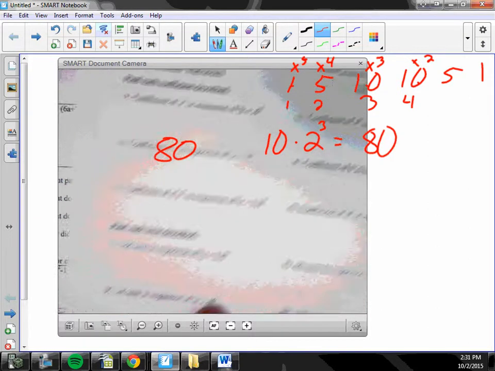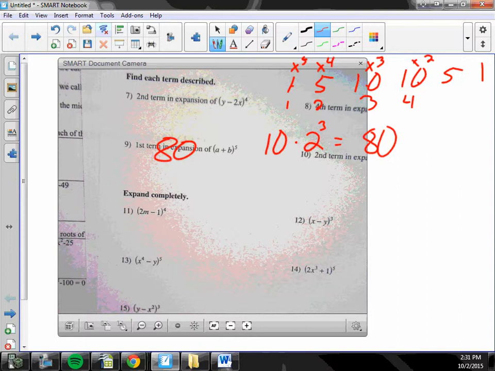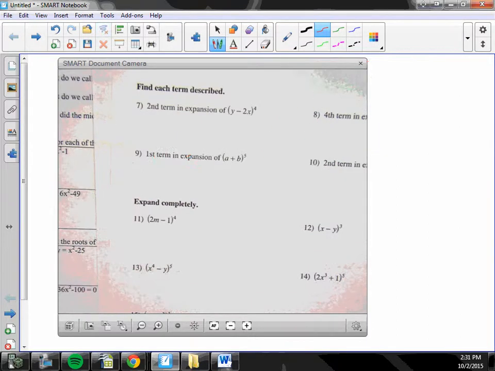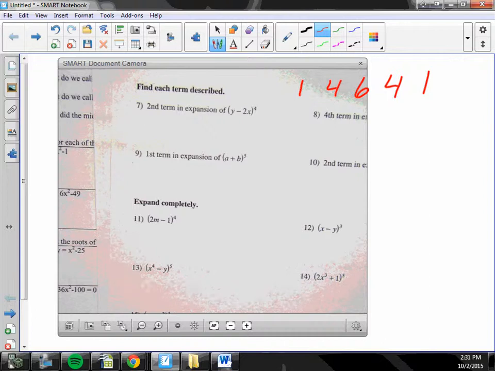Okay, so look at number 7. We want the second term in the expansion of (y minus 2x) to the fourth. Number 7. So if we look at Pascal's triangle, 1, 4, 6, 4, 1, what coefficient do I pull from the triangle?